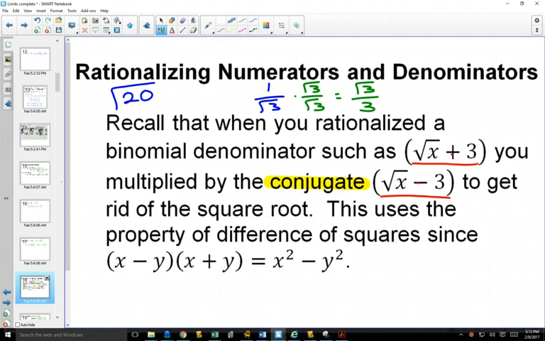That's the definition of a conjugate. And that gets rid of your square root because it's based on the idea of a difference of squares. If I multiply a difference of squares together, it squares the first one and it squares the last one. And if either of those or both of those are square roots, they're going to be gone. It's going to get rid of them.